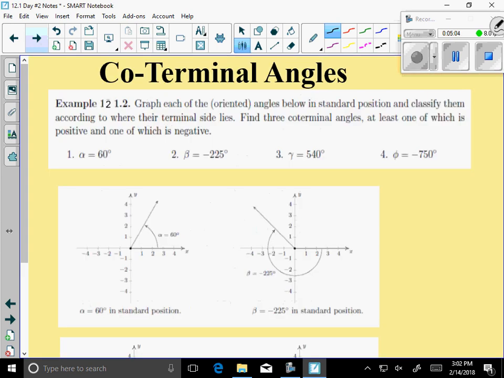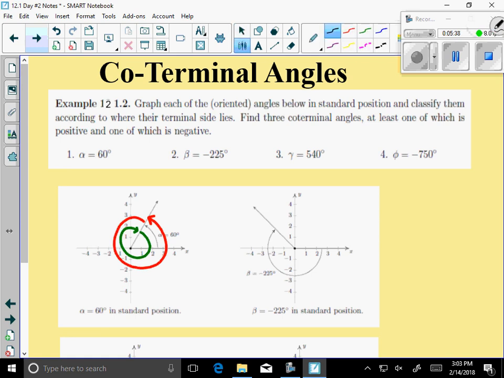Let's look at a couple of examples here. First, let's take 60. So I want you to think, how in the world would I find another coterminal angle? Well, I'd have to take another full rotation. So imagine this, I'd have to take a full rotation from here to here to get the next coterminal angle. And that angle would be positive because I'm going to be adding 360 degrees. Another coterminal angle in the opposite direction would be subtracting 360.